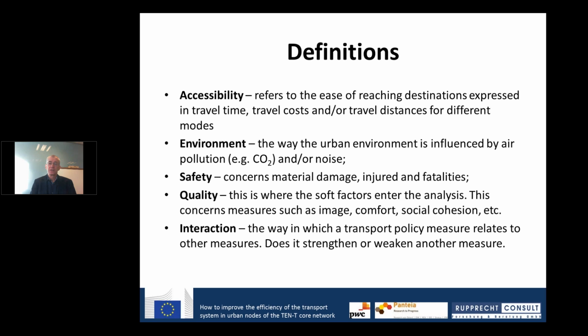And last but not least, interaction. Interaction is the way the transport policy objectives or transport policy measures relate to other measures. And in fact, the question is whether a policy objective or a policy measure strengthens or weakens another measure or objective.